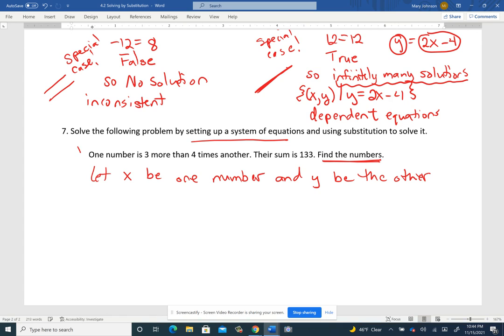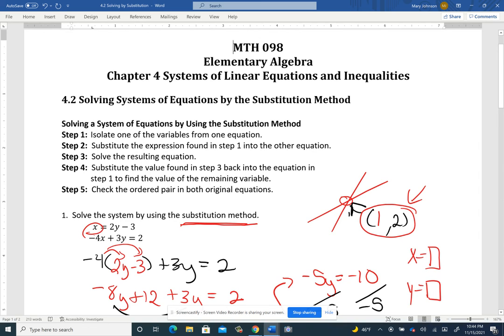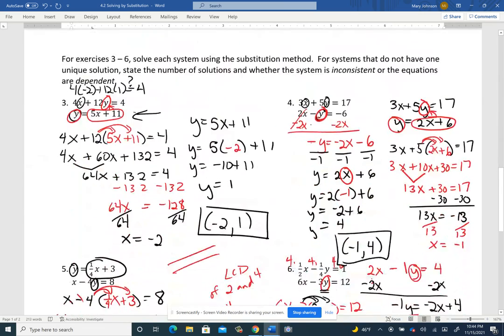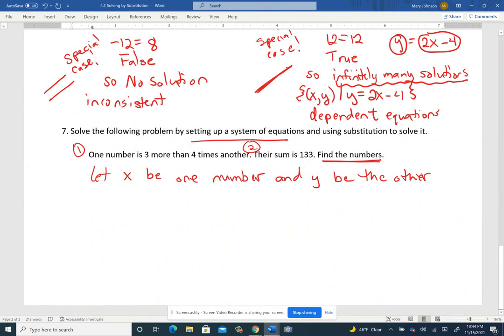Then we have 2 sentences, and we're going to make an equation out of each sentence. Okay, so, all right, one number is 3 more than 4 times another. That word is going to be your equal sign. So I'm looking at that first equation.